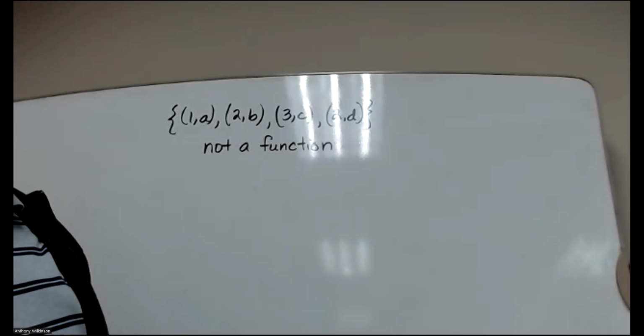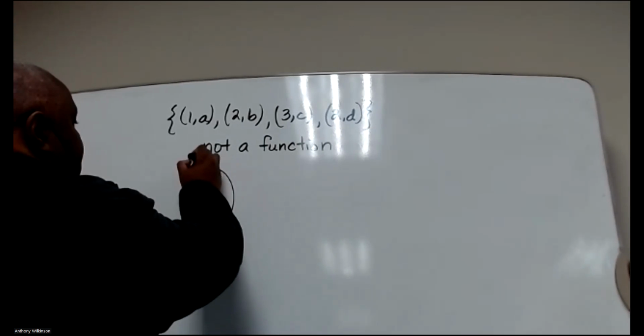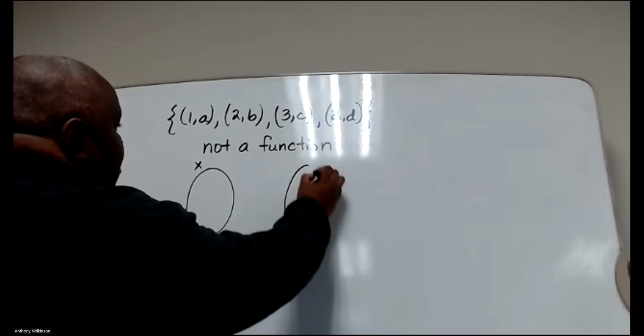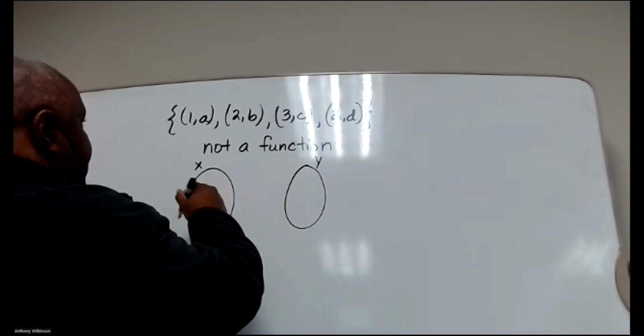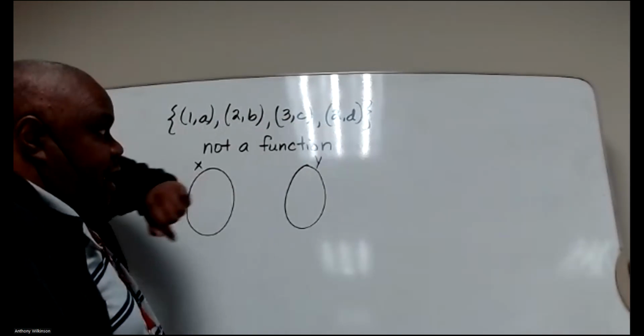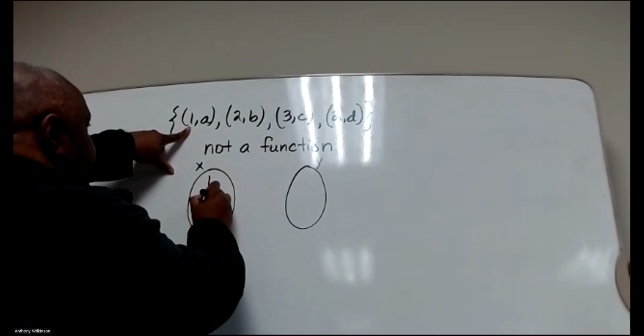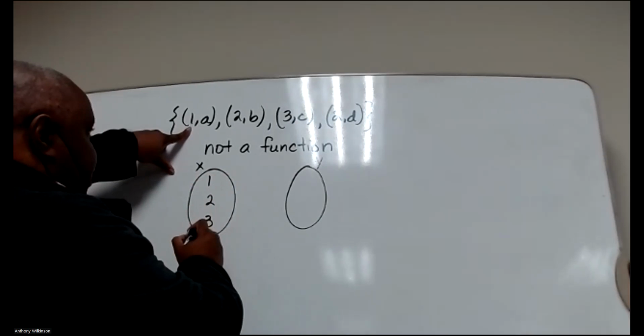Now you could also write this as a mapping from one, let's say the x, to the other, which is going to be y. Your x is going to be the domain. That's all of your x values, your x coordinates in this case. Here I got a 1 and a 2 and a 3.